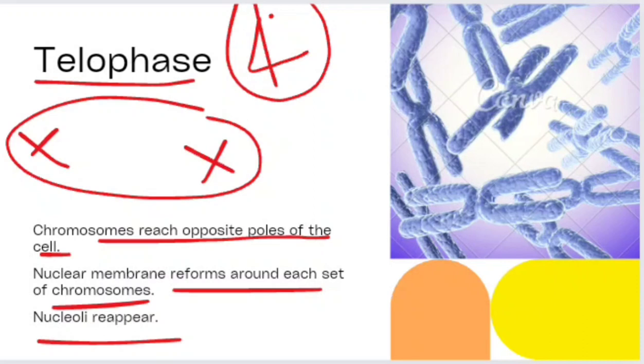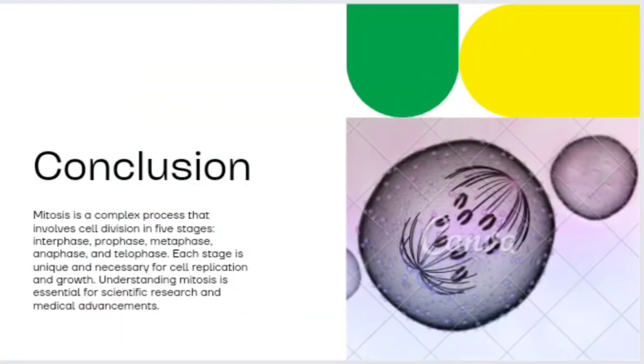In prophase, condensation and spiralization of chromosomes took place, and here in telophase, decondensation and despiralization happen.